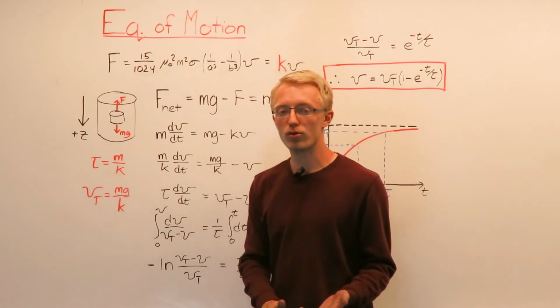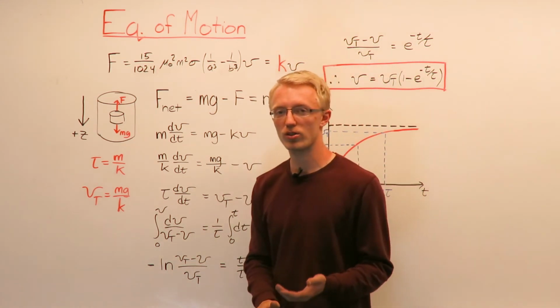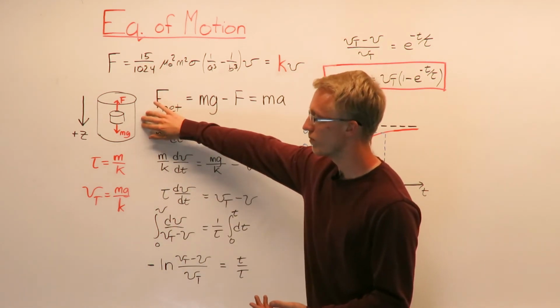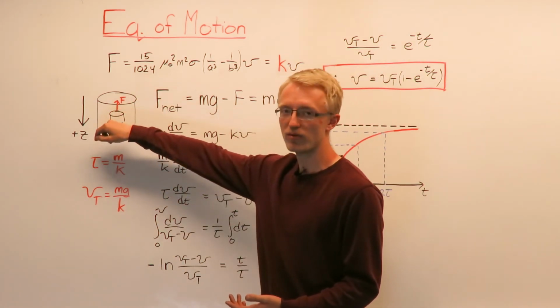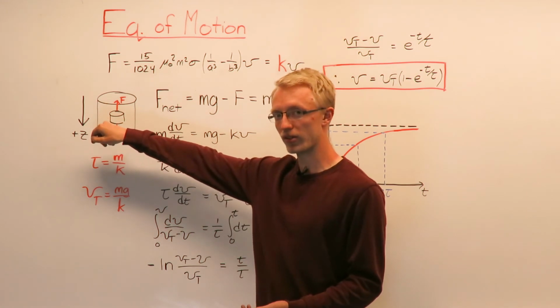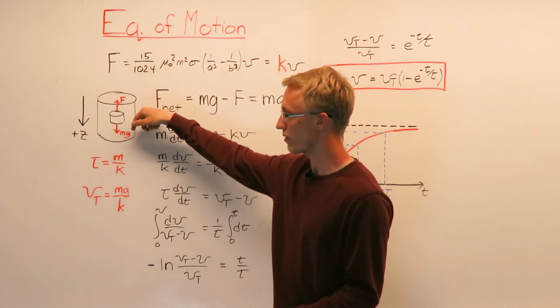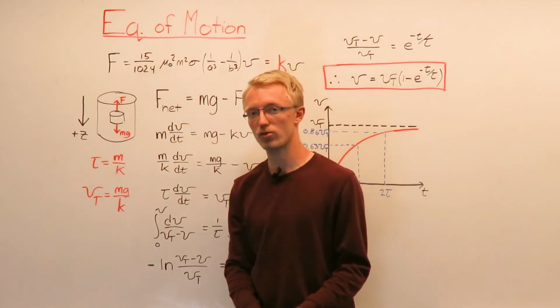Now what I want to show you is the equation of motion of the magnet as it falls through the pipe. Here in this free body diagram, I've pointed the positive z direction downward for simplicity, and you can see the magnetic force and the gravitational force acting in opposition to each other.